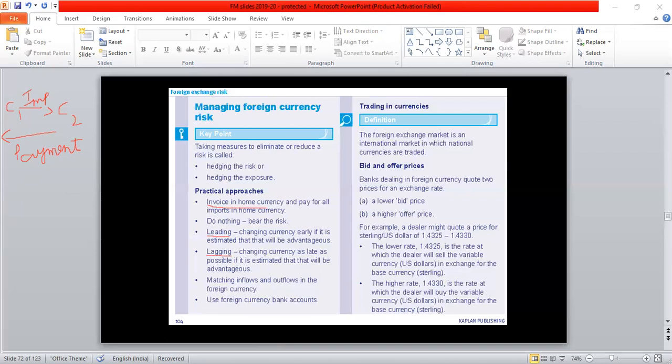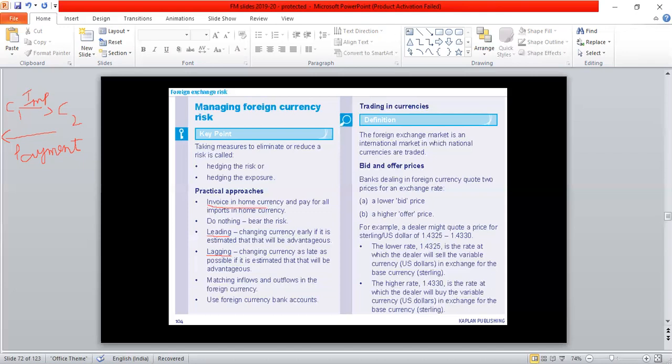So the point here is, as far as possible, try to delay the change of currency as late as possible if it is estimated that this will be beneficial. If they delay it a little, then maybe they are anticipating that the foreign currency would be advantageous for them, that the variation would prove to be favorable to them.